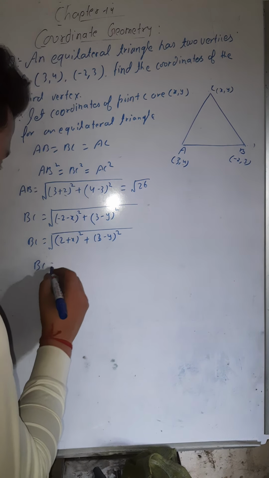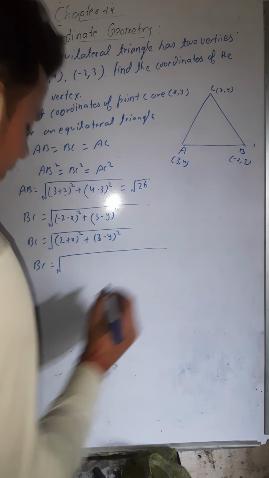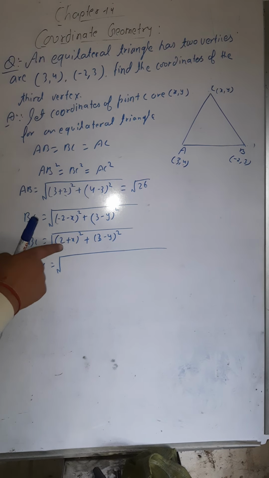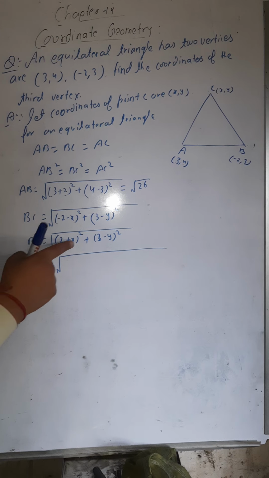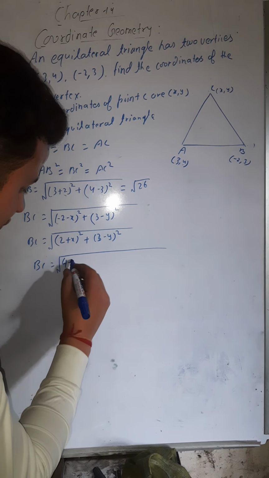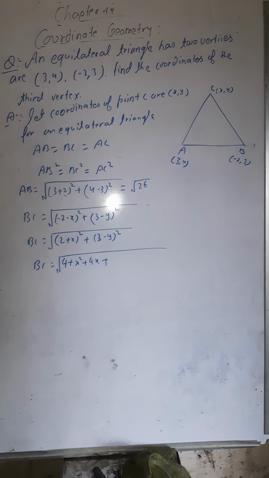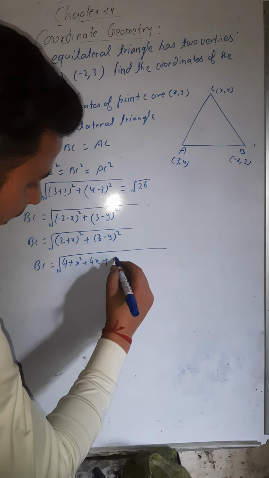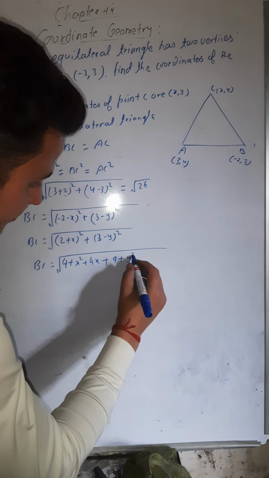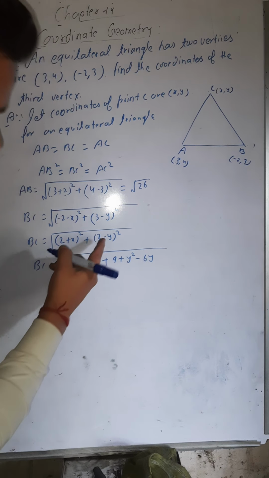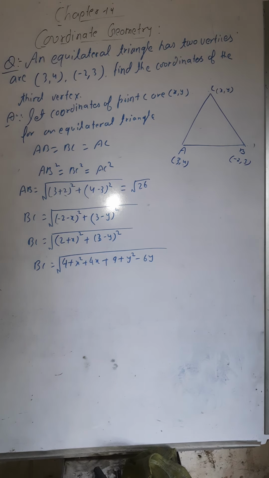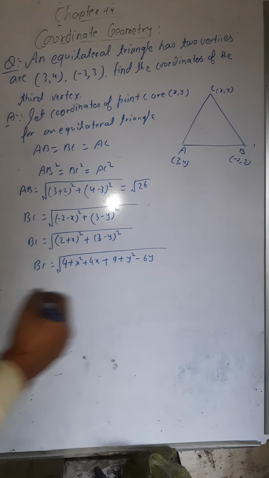So from here value of BC will be equal to, if I open the whole square, a square plus b square plus 2ab. So it will be a square plus b square plus 2ab. Similarly here also a square plus b square minus 2ab because minus is there. Okay, so this will be the value of BC.